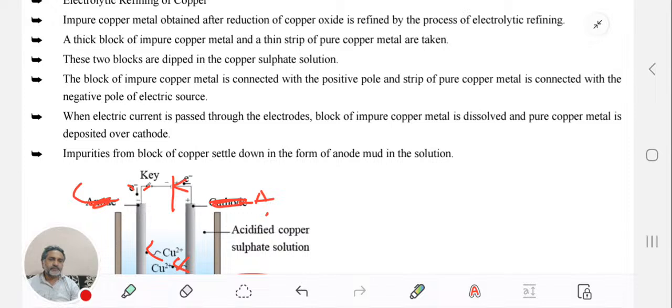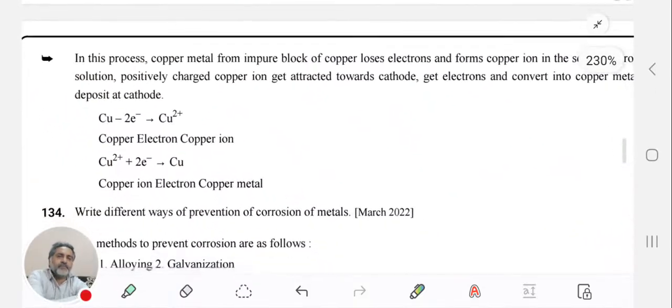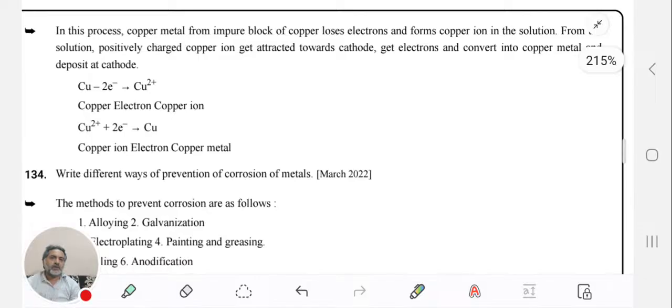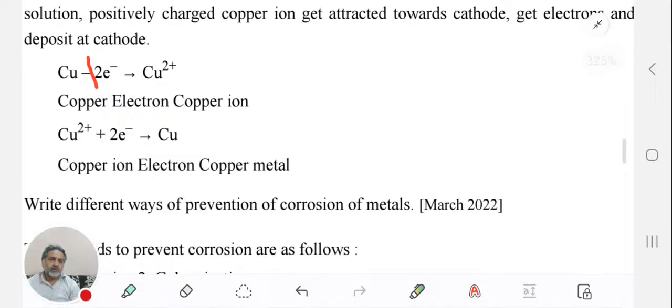On the anode, impurities from the block of copper settle down in the form of anode mud in the solution. In this process, copper metal from the impure block of copper loses electrons and forms copper ions in the solution. From the solution, positively charged copper ions get attracted towards the cathode, gain electrons and are converted into copper metal and deposit at the cathode. Cu +2 plus 2 electrons gives Cu.